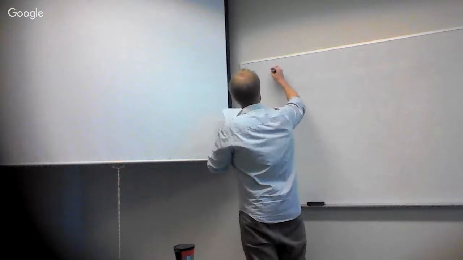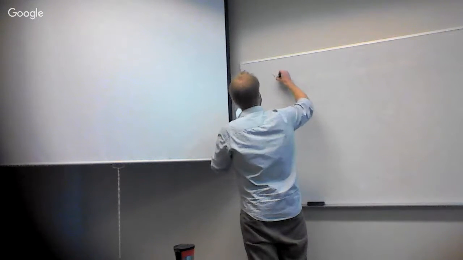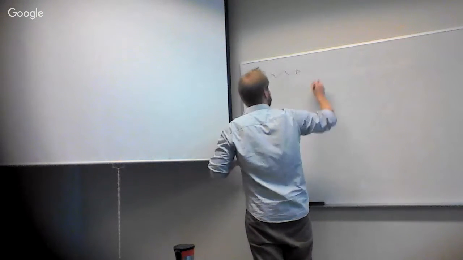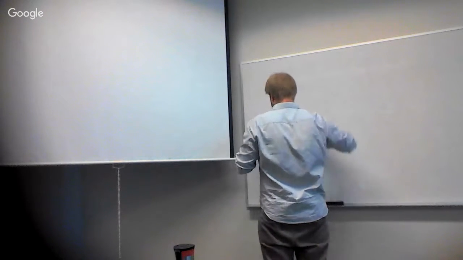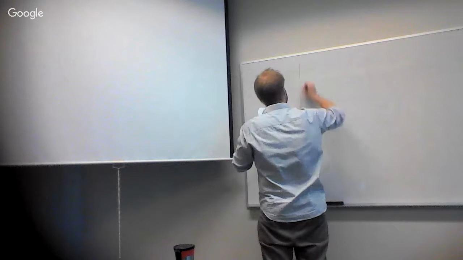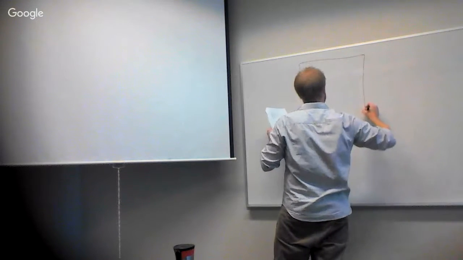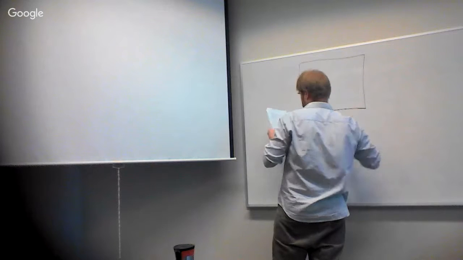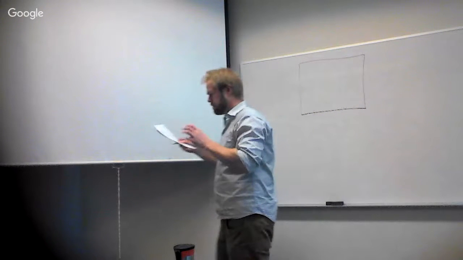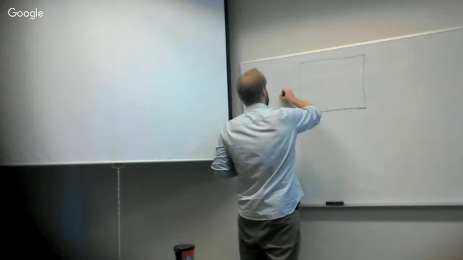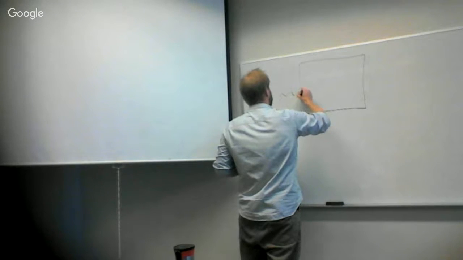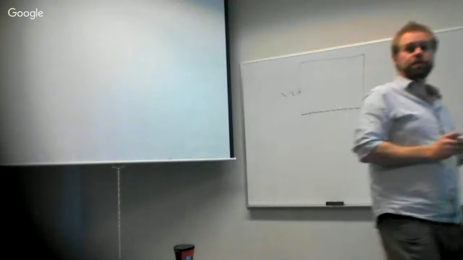Okay, and so what we're going to do is take a number of incident photons, but let's just take one for now. So we have a photon coming in here.